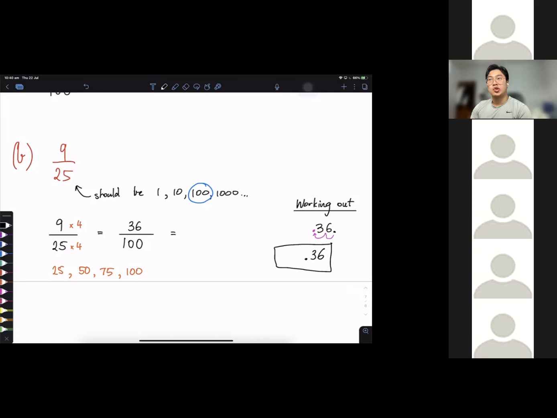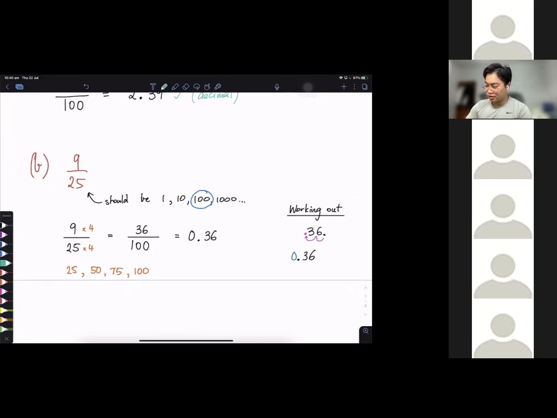No. Angelina, what do you think we can put? Do you reckon our answer is 0.36? Where are you putting a 0? Right where you put the dot. I mean left. On the left. Fantastic. So it's 0.36. That's it. Excellent. And that's our final answer. That's the decimal.